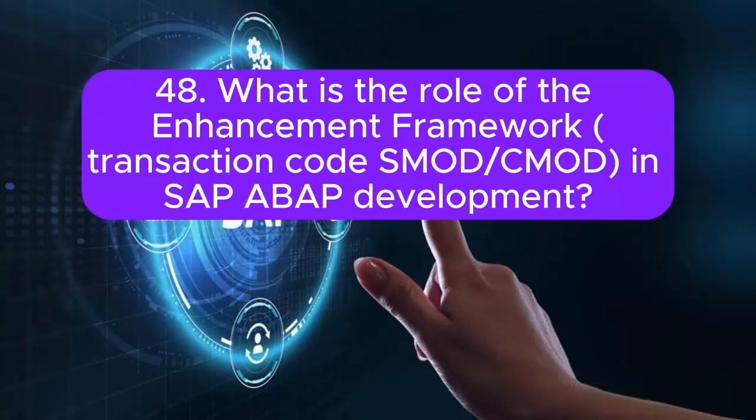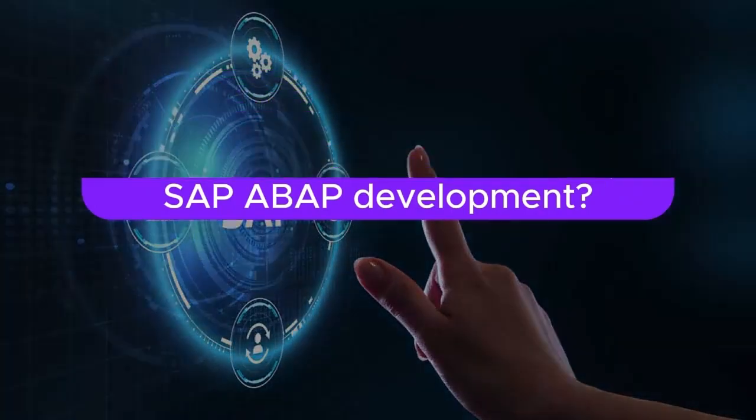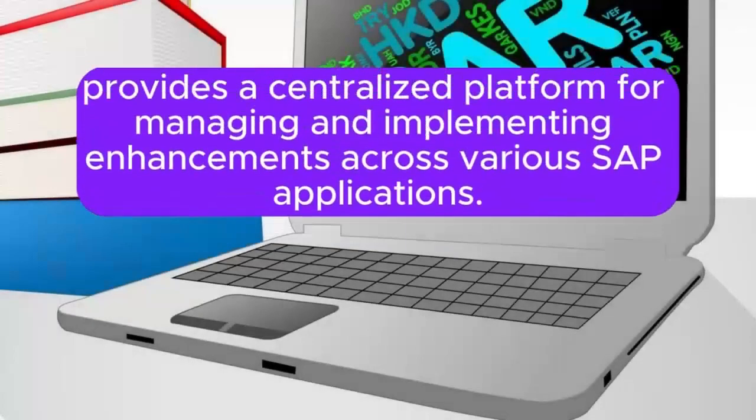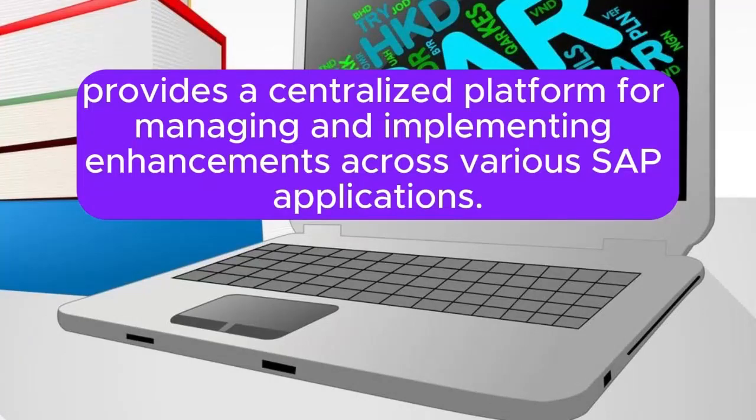48. What is the role of the Enhancement Framework Transaction Code (SMOD or CMOD) in SAP ABAP development? Answer. The enhancement framework in SAP ABAP, accessed through transaction codes (SMOD and CMOD), provides a centralized platform for managing and implementing enhancements across various SAP applications.